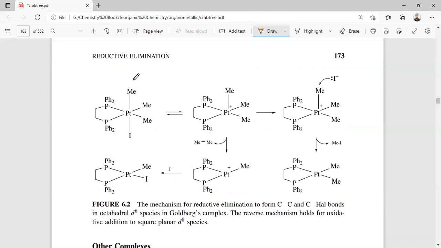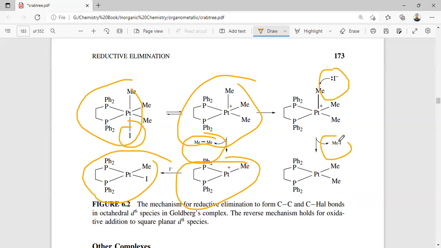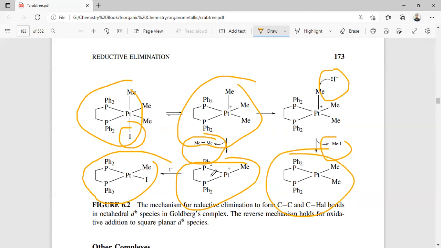So here, for the platinum case, first this iodide group is eliminated to form this intermediate. From here, these two methyl groups can also be eliminated from this intermediate, then an iodide to form this. Here the methyl bond is formed. Another possibility is that the iodide is attached to the methyl to form this intermediate.